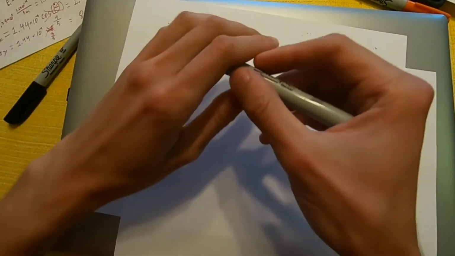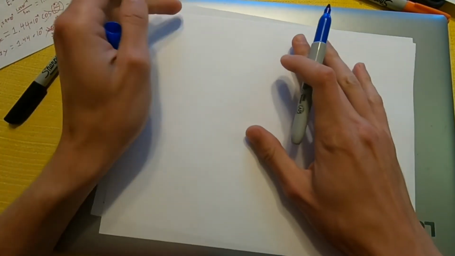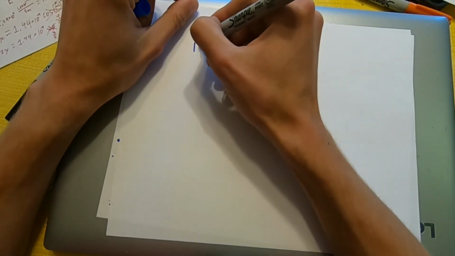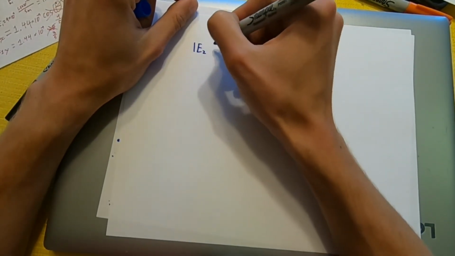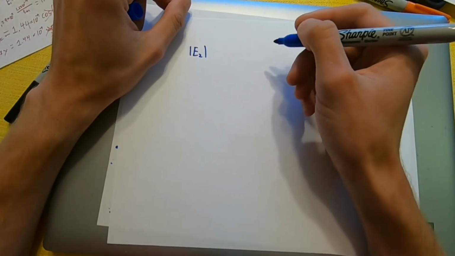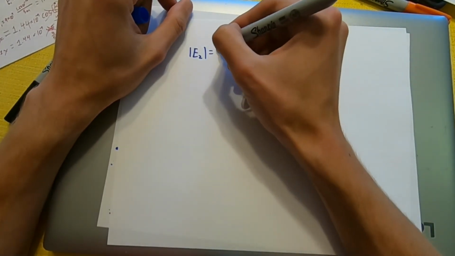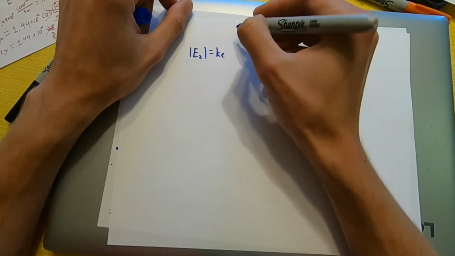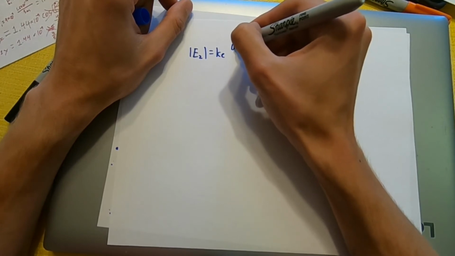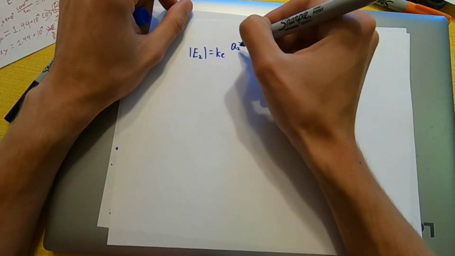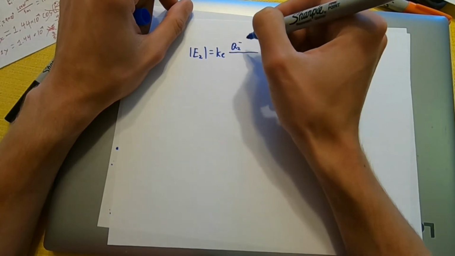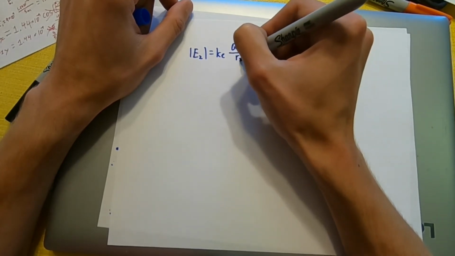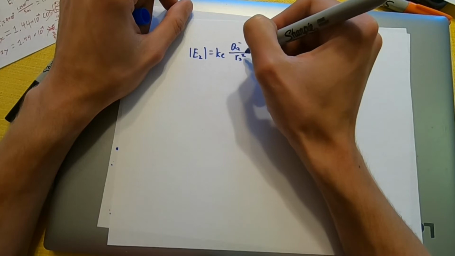All right, so E2, or the magnitude of E2, we can draw it blue because we're dealing with our electron here. It's going to be equal to Ke times Q2 all over R2 squared.